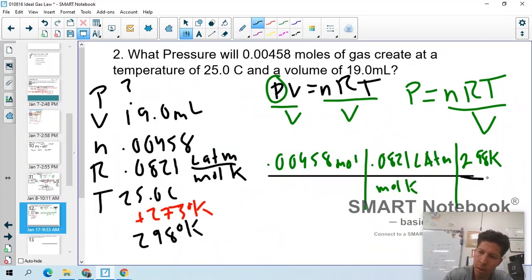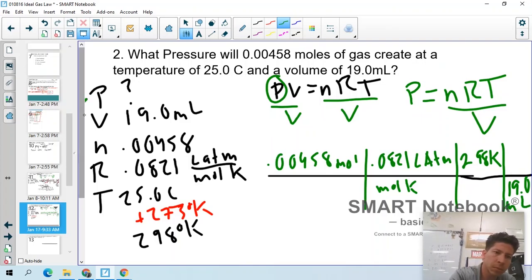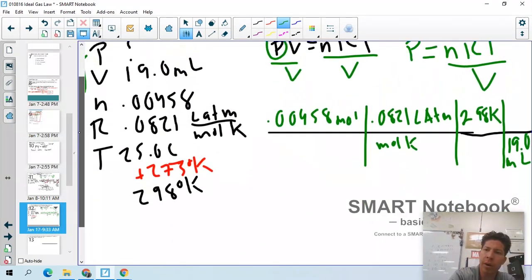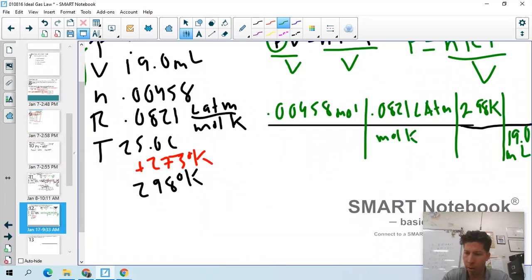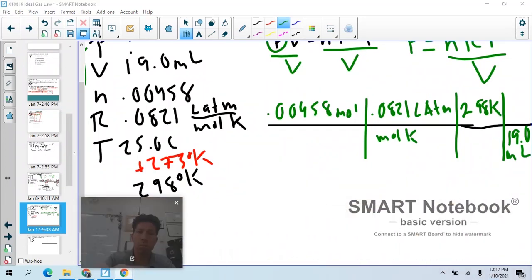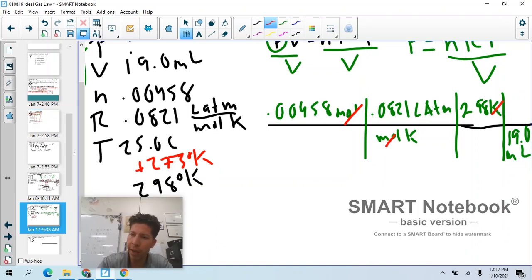And volume is 19 milliliters, right? Sorry, guys, running out of room. Let's go ahead and cancel out. Moles cancels with moles. Kelvin cancels with Kelvin, but liters does not cancel with milliliters.